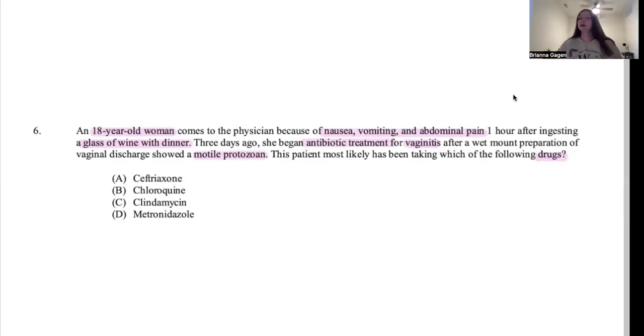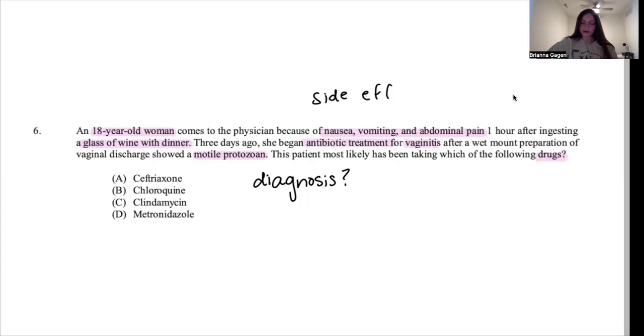Okay, so here again, I think that there's several ways that the question can go. You can first figure out what the diagnosis was here, and then figure out what is used to treat that. And you can say what medication causes these side effects.